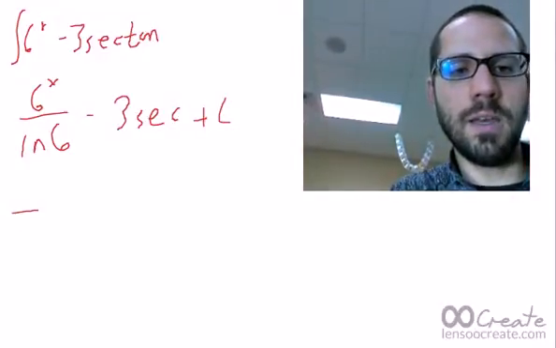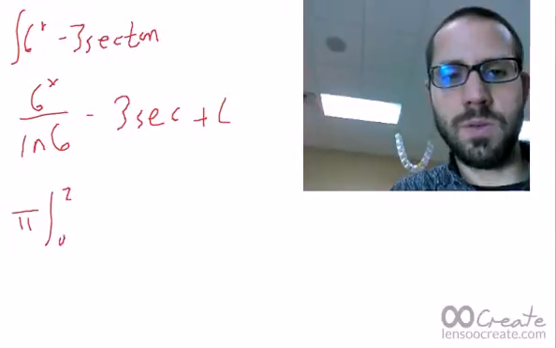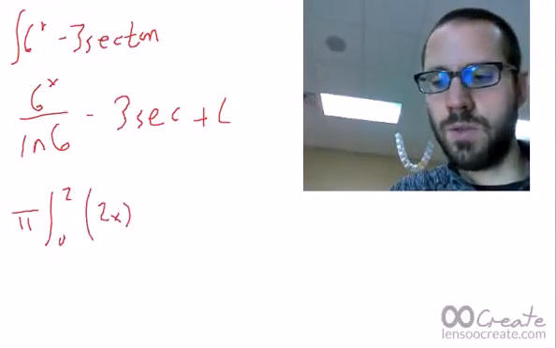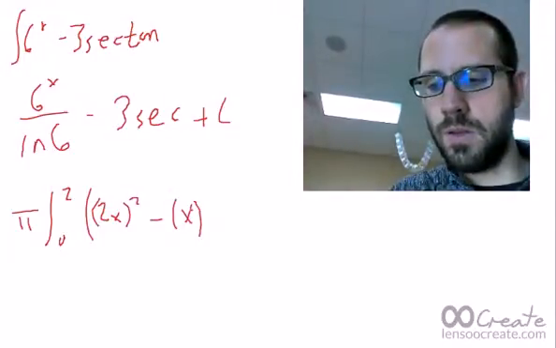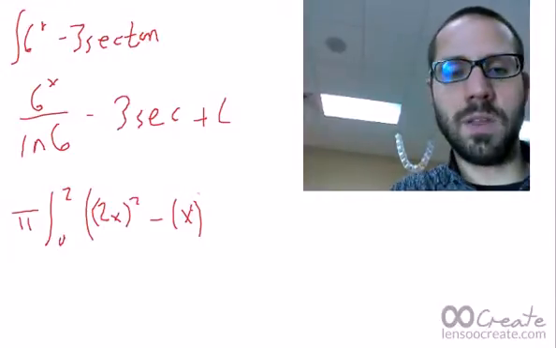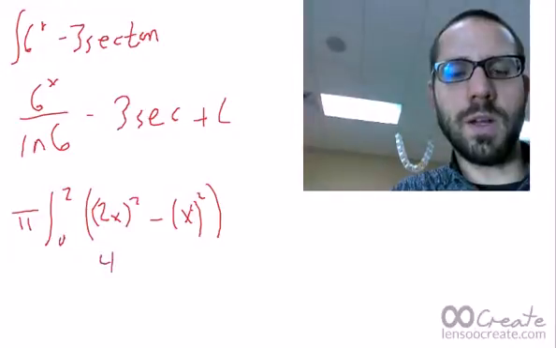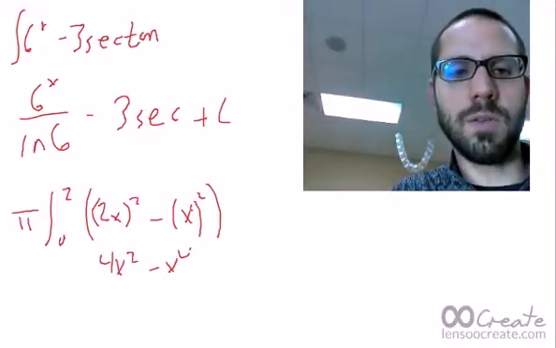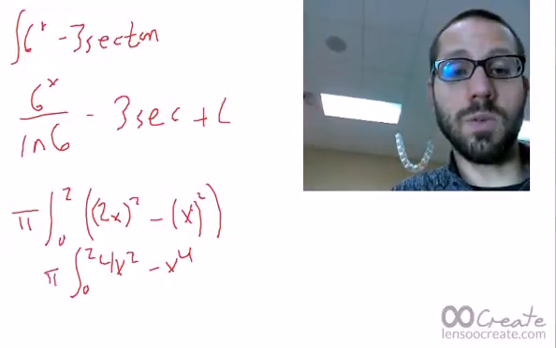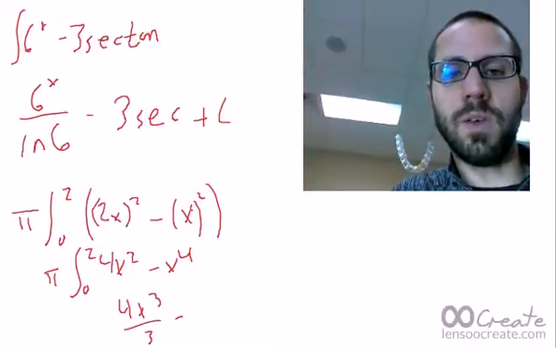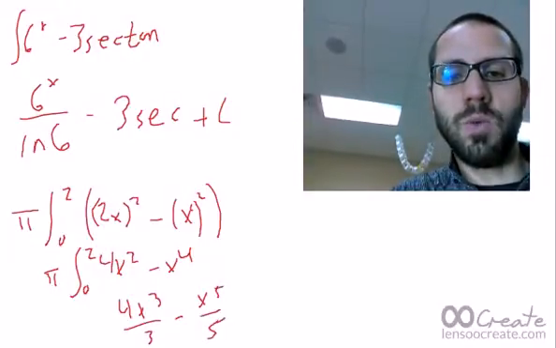Let's look at b. We've got a definite integral, pi, 0 to 2. We go 2x squared minus x squared, squared. Let's go ahead and simplify inside here. 4x squared minus x to the 4th. Integrate that. We'll go to 4x cubed over 3 minus x to the 5th over 5.